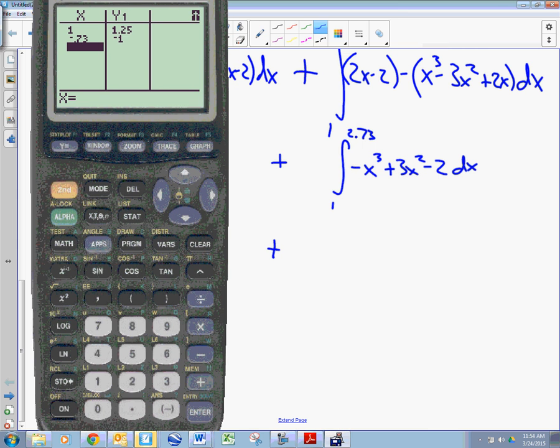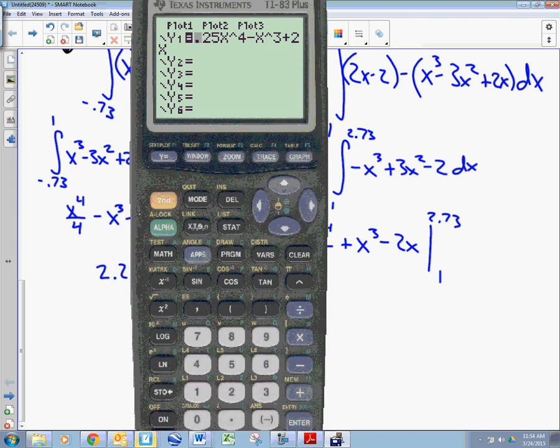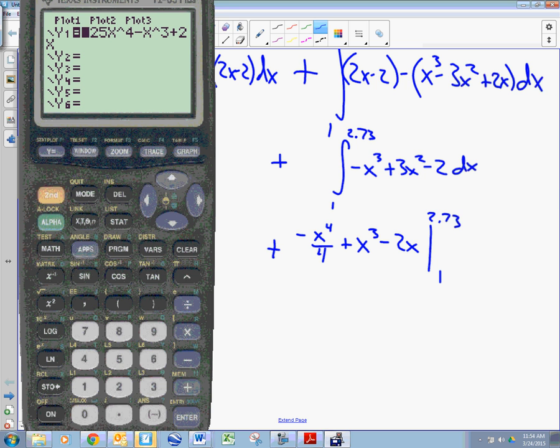now I just have to change the y equals, so this is going to be the same thing, just negative, right? Negative x to the fourth over 4 plus x to the third minus 2x evaluated at 2.73 and 1. So you could just change all that to negative.